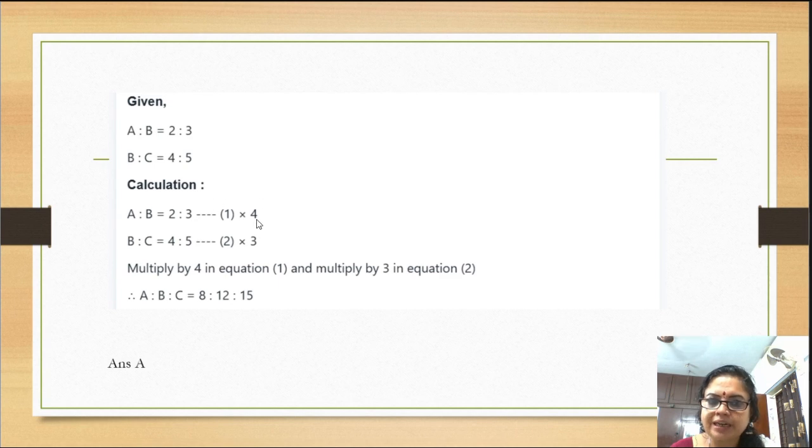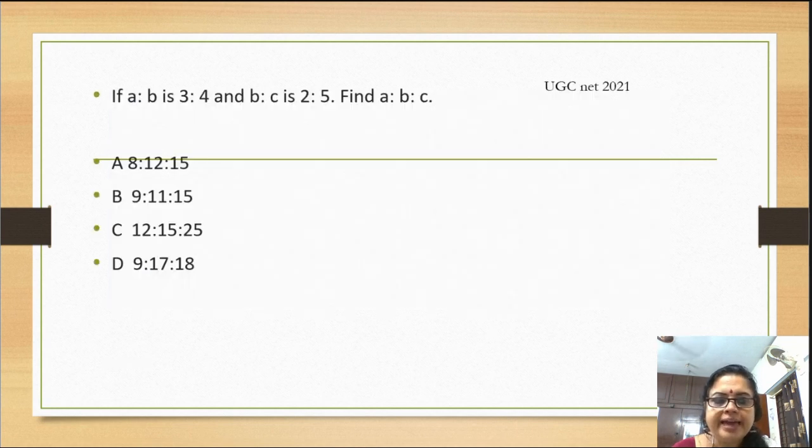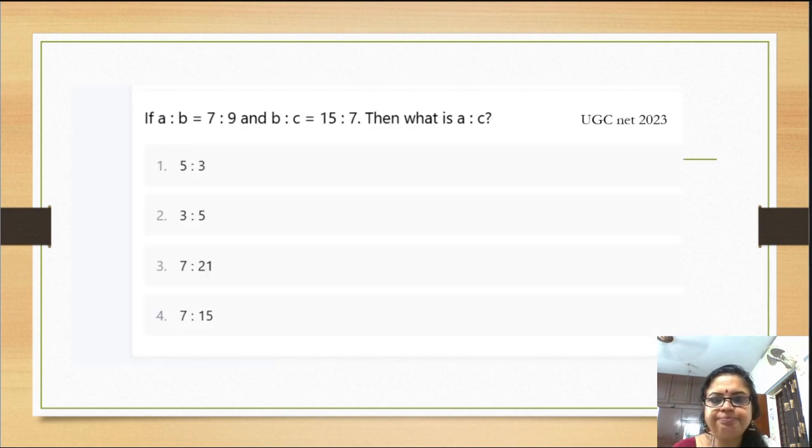The first ratio is multiplied by 4, the second is multiplied by 3, so that one of the values in the ratio, the middle term B, is made common, or the value is the same. So A is to B is to C will be 8 is to 12 is to 15. So the answer will be 8 is to 12 is to 15. That is answer A. So that is a simple one.